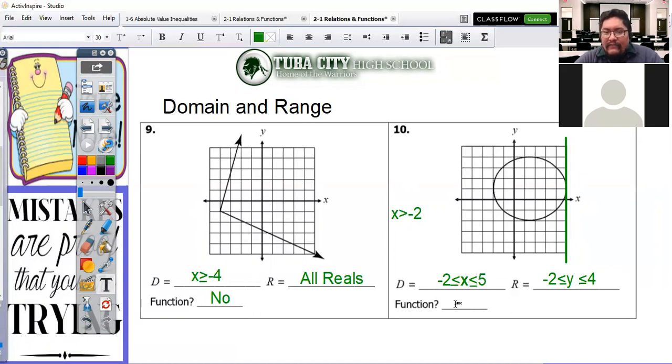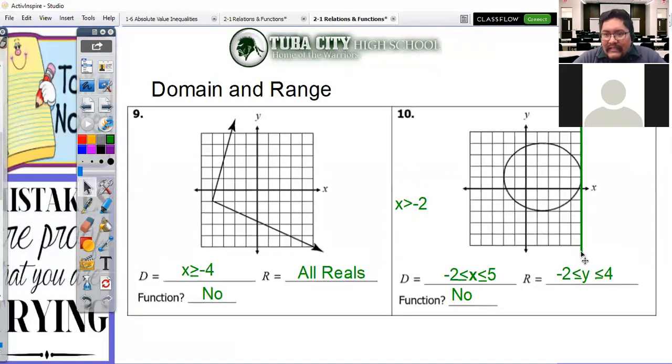And is this a function? The answer for this one is going to be no. Okay, so not a function because it failed the vertical line test. And when we were counting the domain, you'll notice that anywhere from here to here is going to cause 2 intersections. It's going to cause 2 areas where the vertical line and the function touch each other, which again, you can't have that.